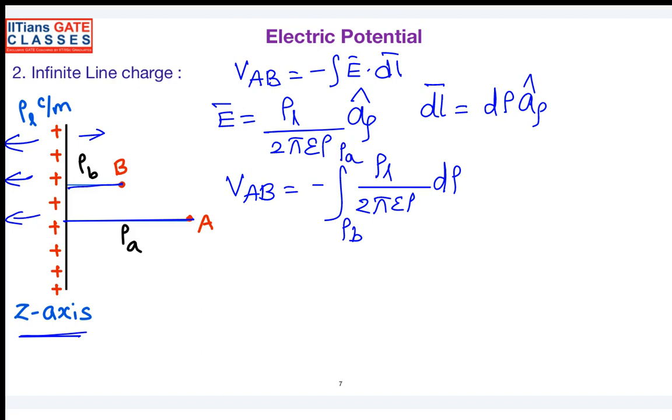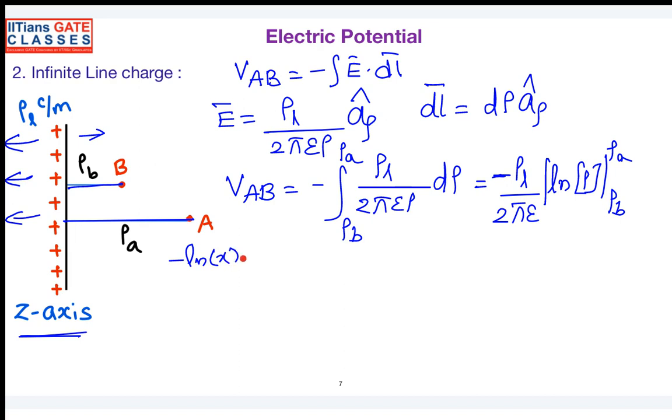So we get minus rho L by 2 pi epsilon, and the integration of 1 by rho will be ln rho, subjected to the limits rho B to rho A. This minus I can replace with 1 by rho, because we already know minus ln of x can be written as ln of 1 by x.